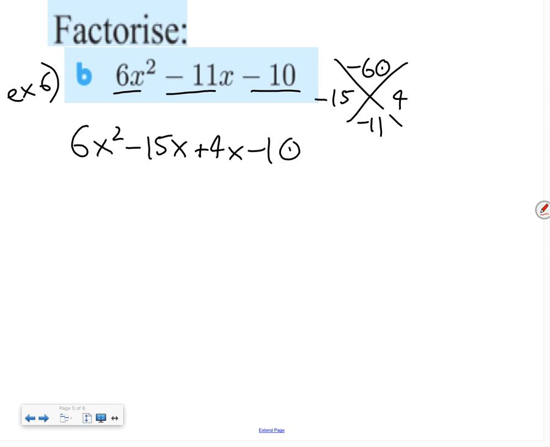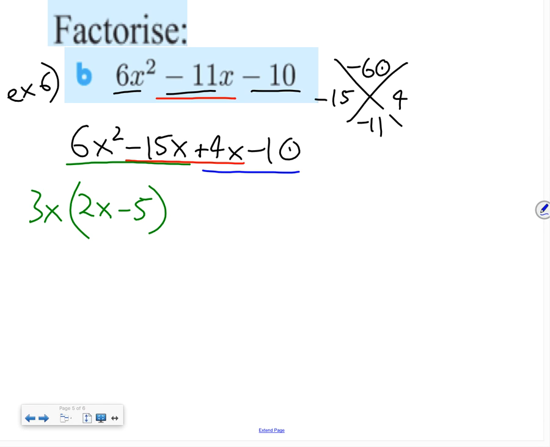Making sure that this piece is still equal to that. Now go through my algorithm. What can be factored out of my first two terms? Well, a 3 and an x. So I'm left with a 2x minus 5. And then of my second two terms, I can factor out a 2.